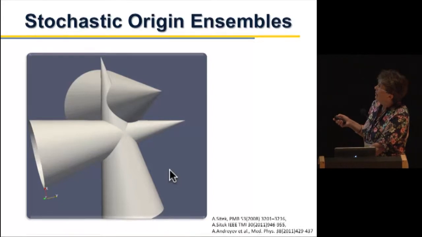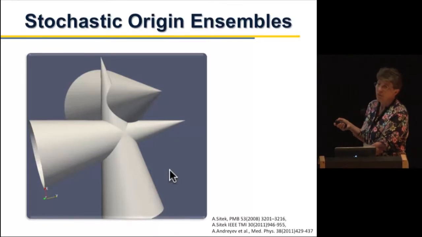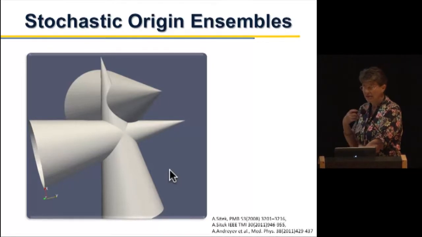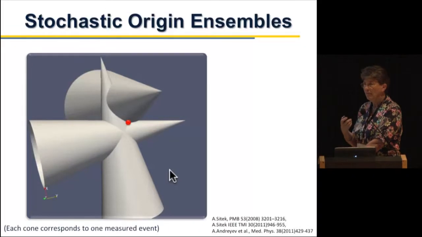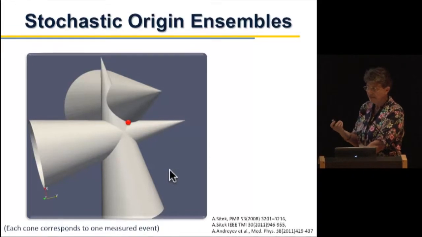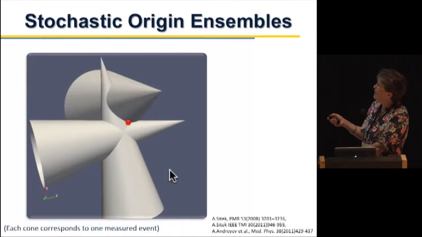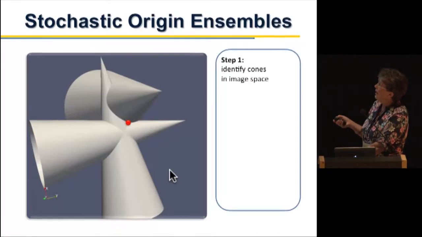And if you have those many, many cones, now we are not talking about simultaneous acquisition of a cascade of photons. This is just a regular Compton camera. So the detection of emissions from the source will give many, many cones. Let's say that we have the source location here. Each cone corresponds to one measured event.